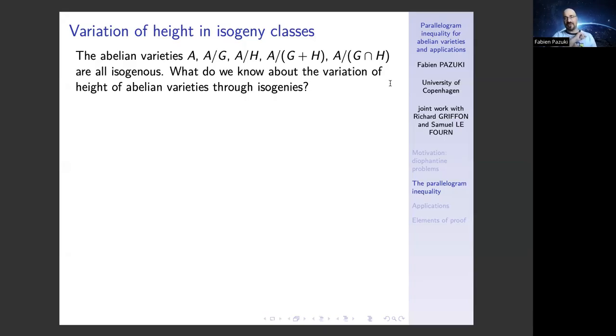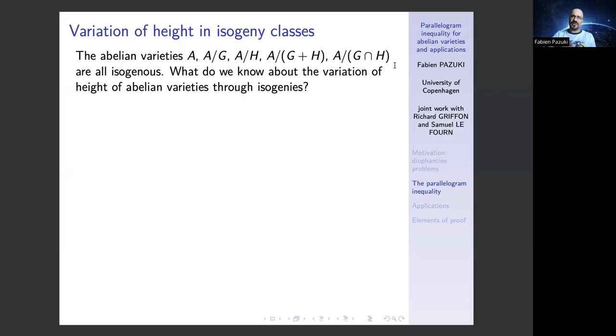So imagine if we had a theorem that would say, oh, but you know, if you are isogenous, then the height behaves in this way, is constant or is half of it. I mean, if you have a result about the size in an isogeny class, you can already say something about these guys. But what do we know about the size of abelian varieties when you move through isogenies?